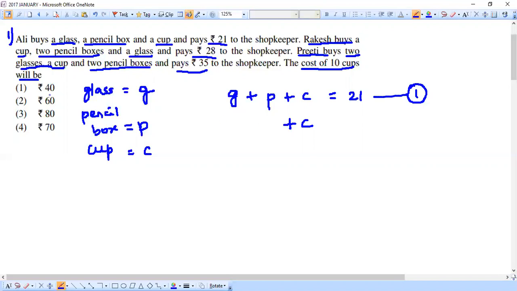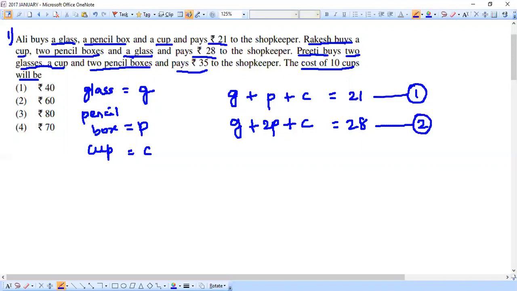Next is two pencil boxes, so we must have 2P here. And then we have a glass, which means one glass, that is G. So that means G plus 2P plus C is equal to, it's given to be rupees 28 here, right? So this value will be equal to 28. And we got our second equation. We'll call this equation number 2.